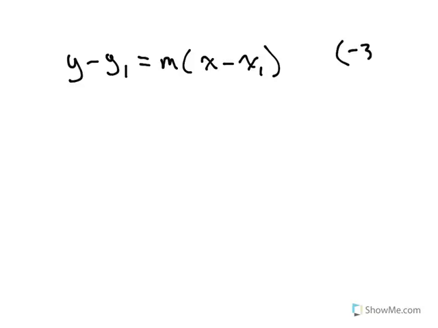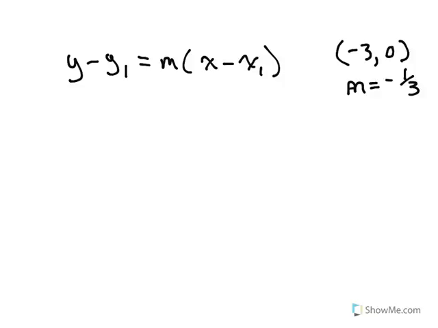Now we need to use our point-slope form of an equation. y minus y1 equals m times x minus x1. And remember, the point it needs to pass through is (negative 3, 0). And we just found our slope to be negative 1/3.